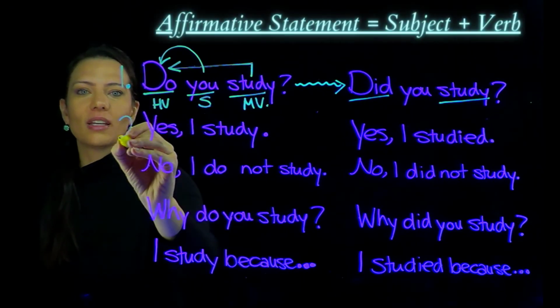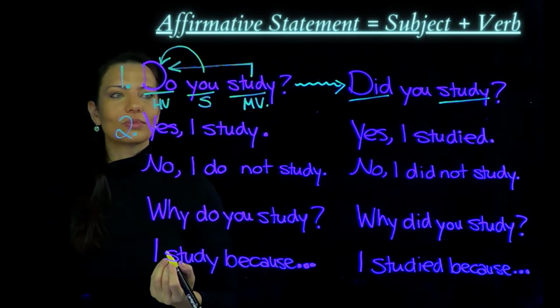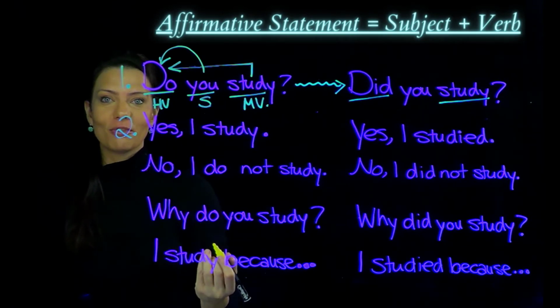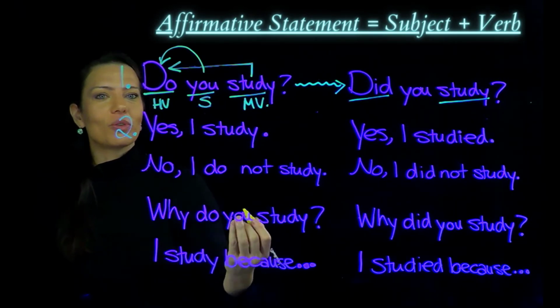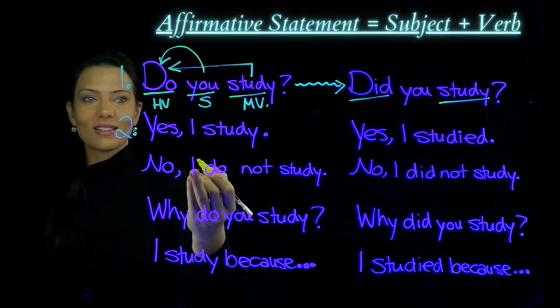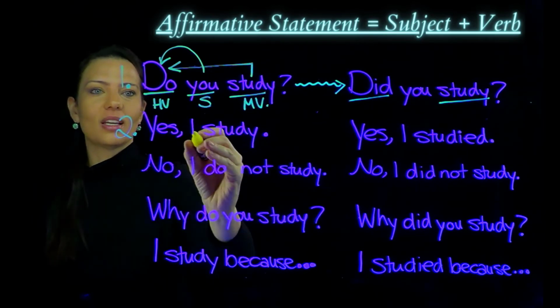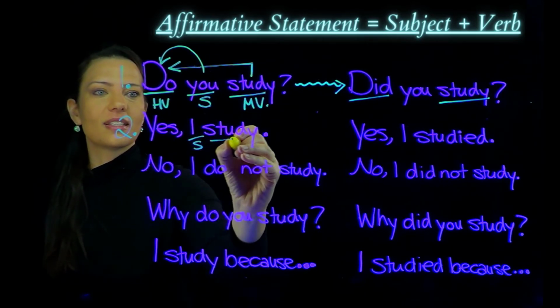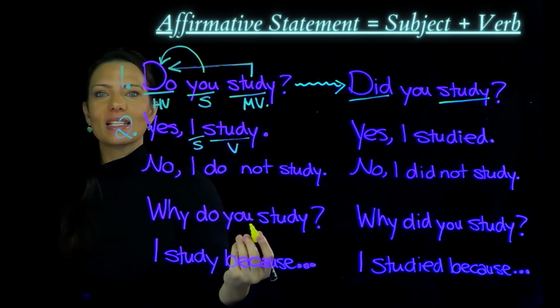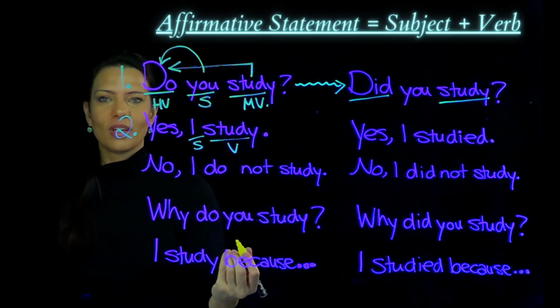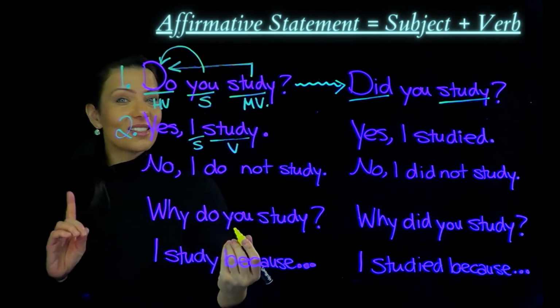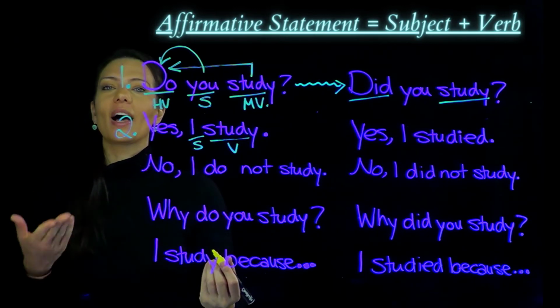Let's take a look at number 2. Number 2 is the affirmative statement. So the affirmative statement is, "yes, I study." This is the subject, this is the verb, it is in simple present. The affirmative statement does not require a helping verb.